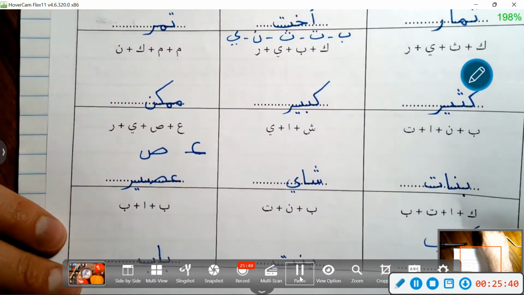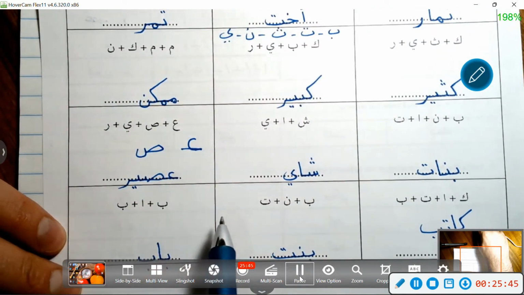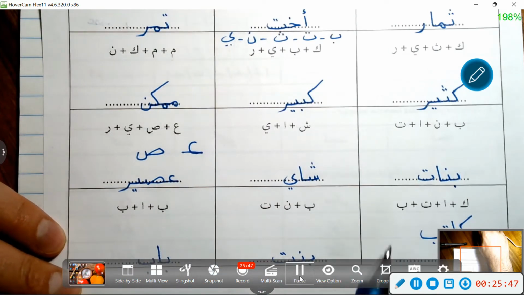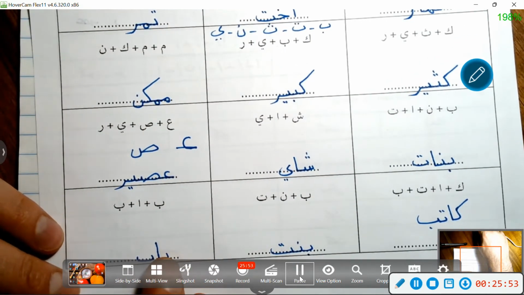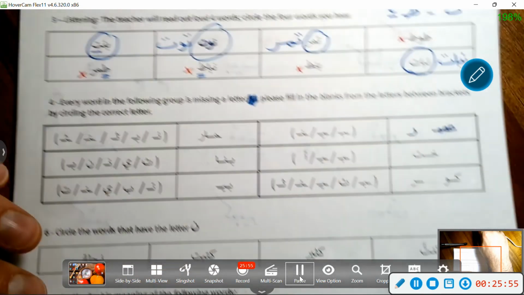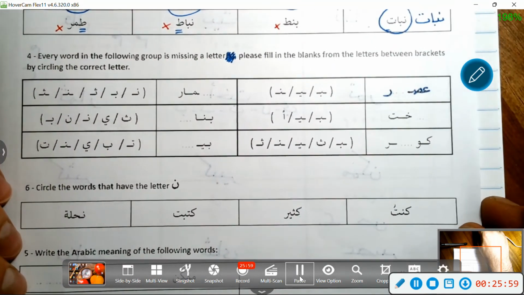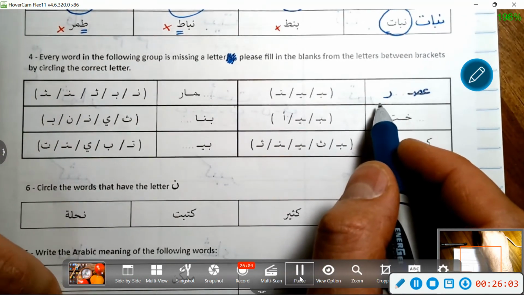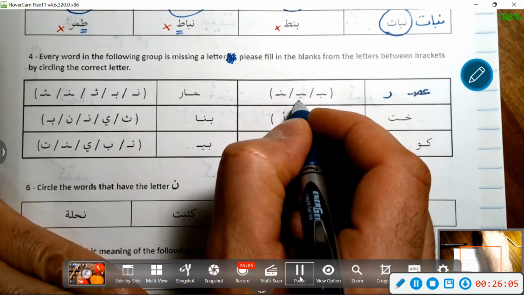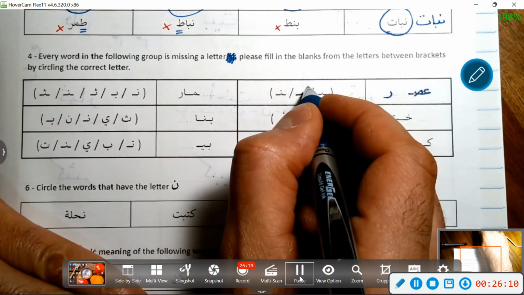I see a lot of students couldn't figure out the word Asir, although it's here in the same test. And the correct letter is this Ya, the Ya that comes in the middle. So we circle this Ya and we write it here. We give it a teeth and an extension. Asir.